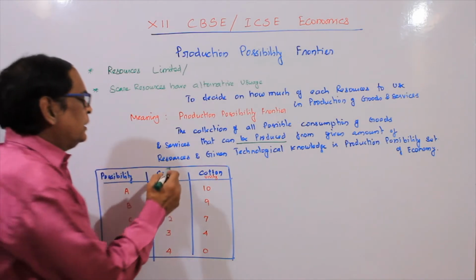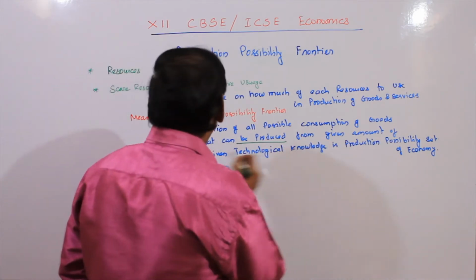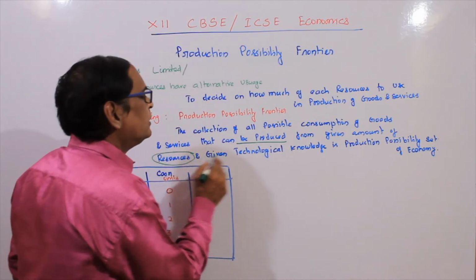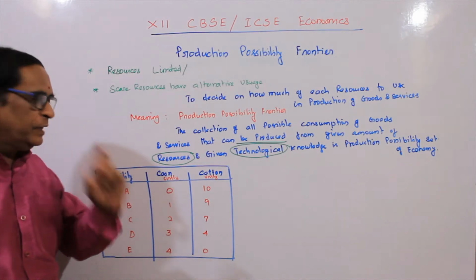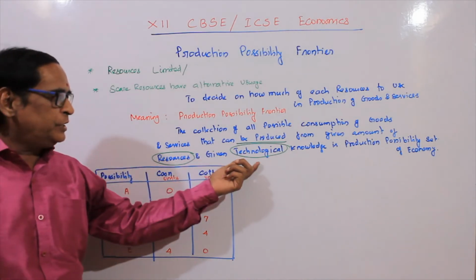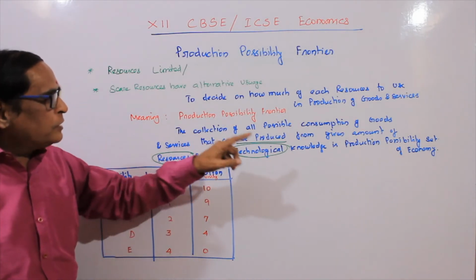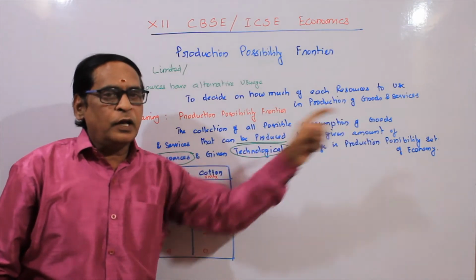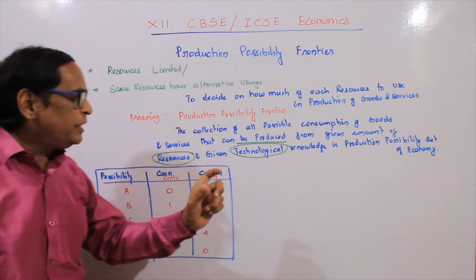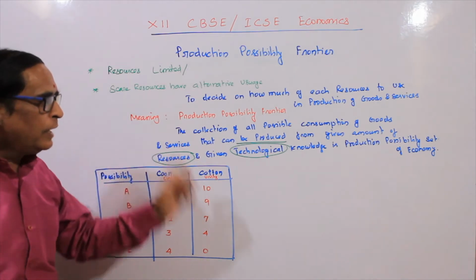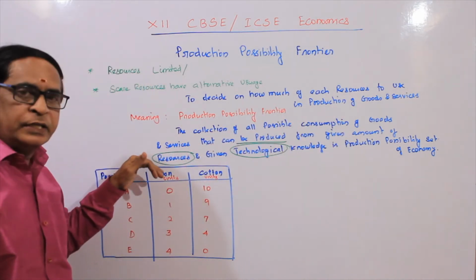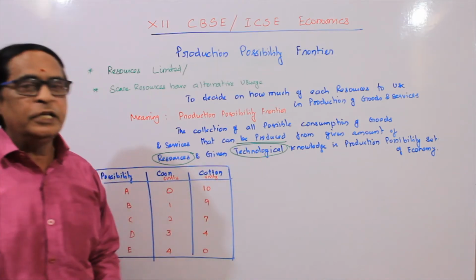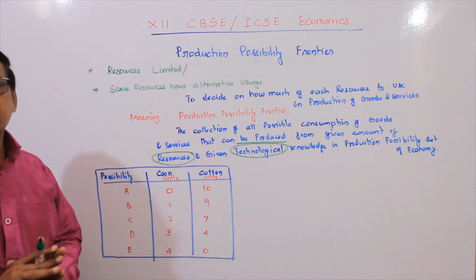So here the resources are fixed, and the technology is also fixed. With the fixed resources and technology, what are the possible combinations of goods and services that can be produced? That is the production possibility of the economy.